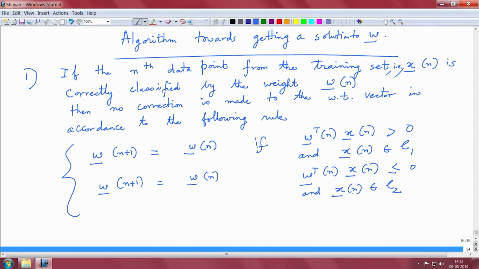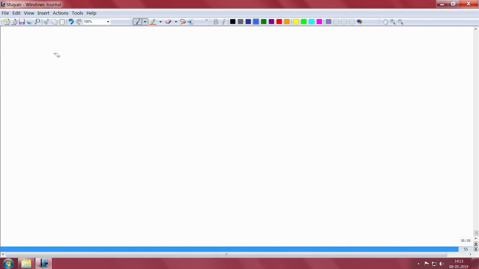So, I do not have to adjust the weight if it is lying naturally where it has to lie, right. If the point is lying on one side of the plane and the inner product between the weight and the point is positive, it belongs to C1, else it belongs to C2, then I am already fine, I do not have to adjust my slope. If this is not, then we have to update a weight.